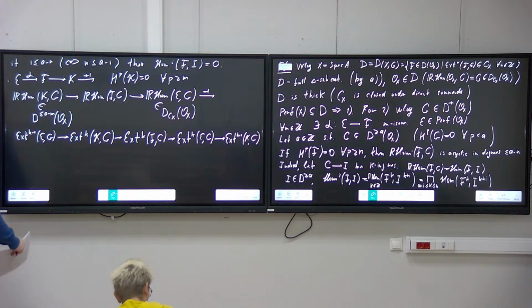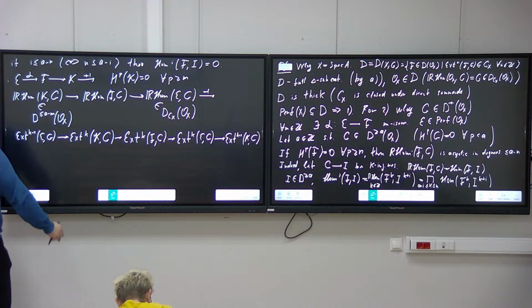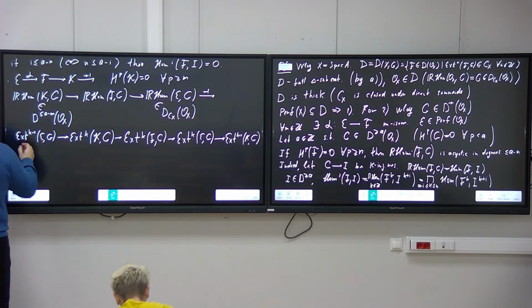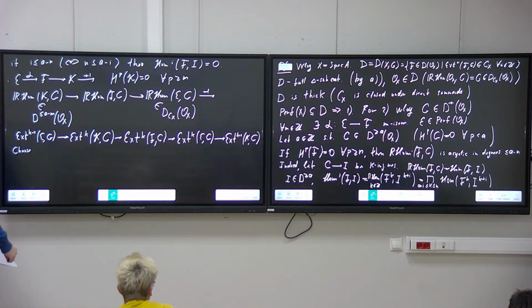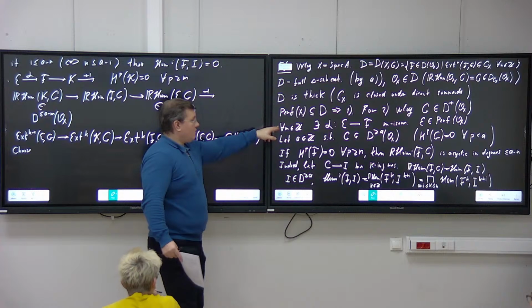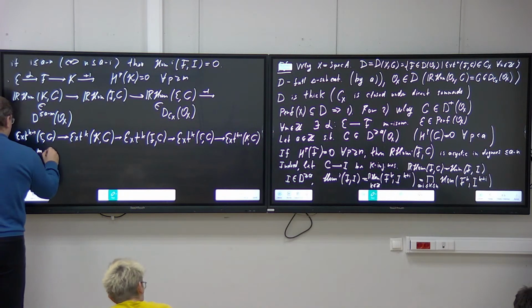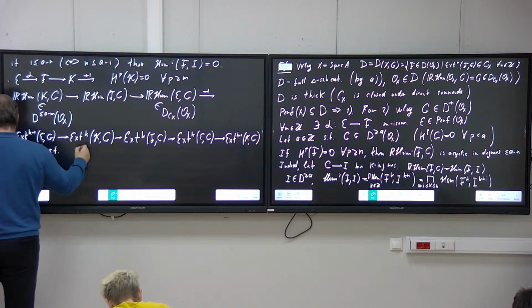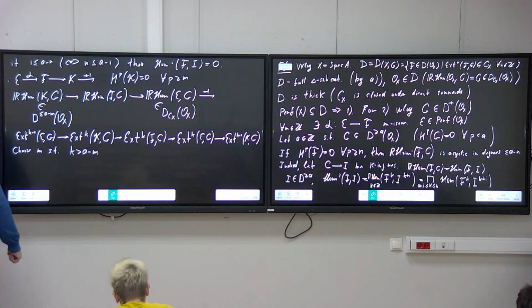I wrote five terms, and I want to show how I can see, by using the pseudo-coherence condition, that I can choose m, a fixed integer that works for any m, such that k is greater than a minus m.